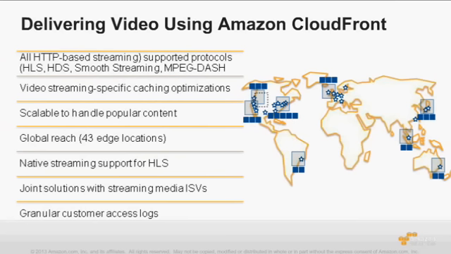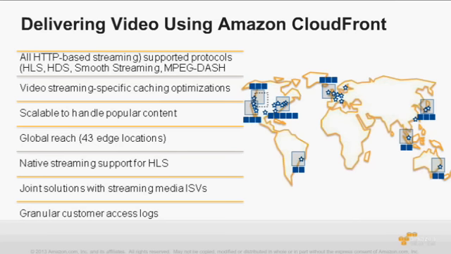Cloudfront has a global network of edge locations, so we have 43 edge locations currently, and the number of edge locations continues to grow to lower the latency for our customers and their viewers. From a streaming-specific capabilities perspective, Amazon Cloudfront does support all the HTTP-based streaming protocols such as HLS, HDS, smooth streaming, MPEG-Dash, and so on.